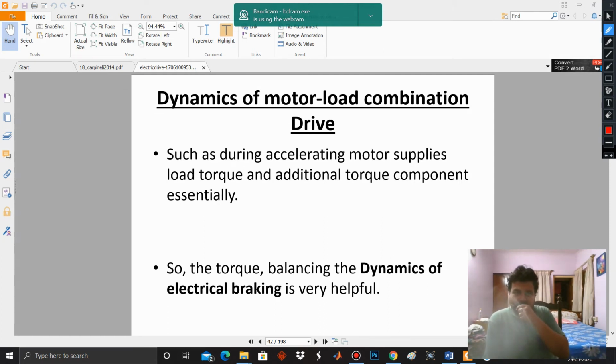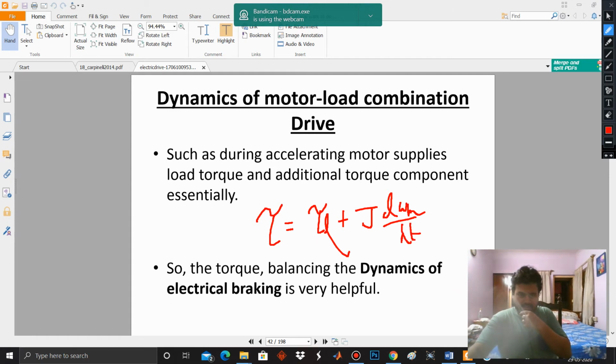Such as during acceleration, the motor supplies the load torque and an additional torque component essentially. So you see what is the requirement. The motor torque tau has to be equal to the load torque plus J d omega m/dt.